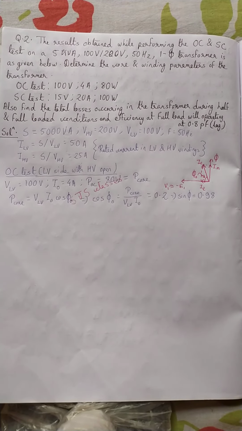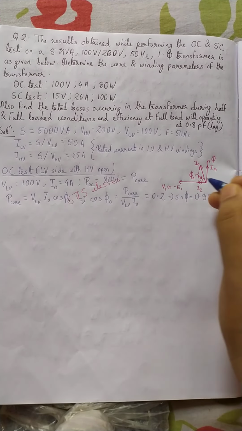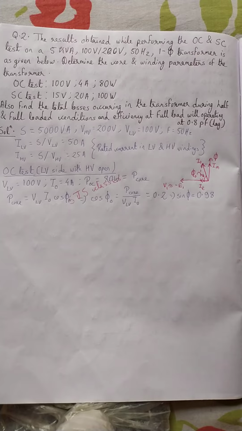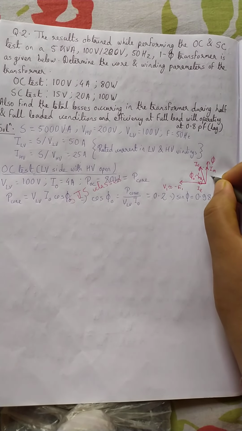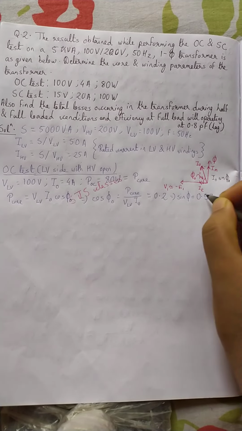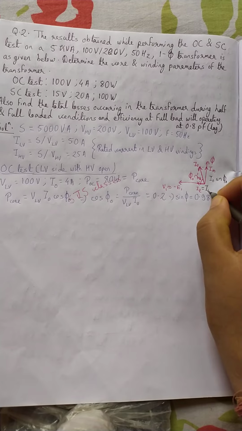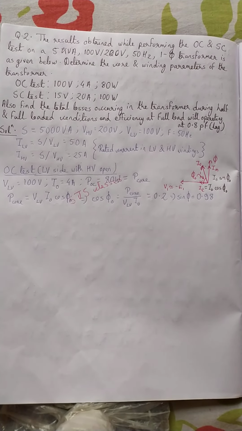So can we write Im is nothing but I naught sin phi naught, and IE would be I naught cos phi naught. We can write that.